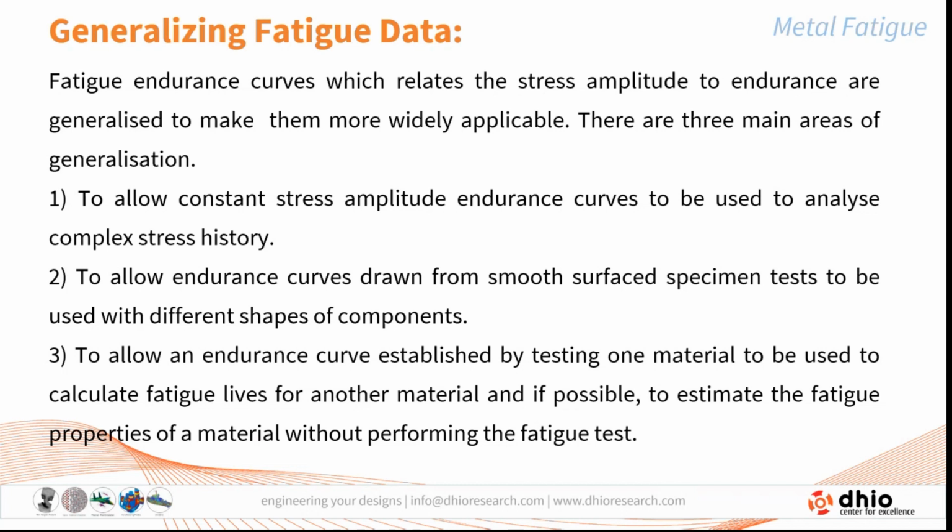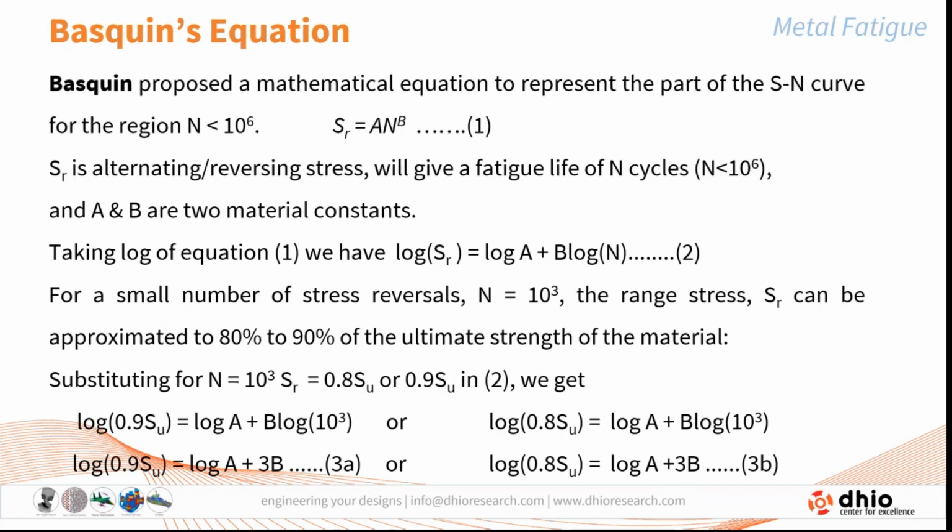If possible, it also estimates the life properties of the material without performing the fatigue test. So in these three ways, one can just consider the standard SN curve and implement it for the analysis, or for predicting the fatigue life of the component.